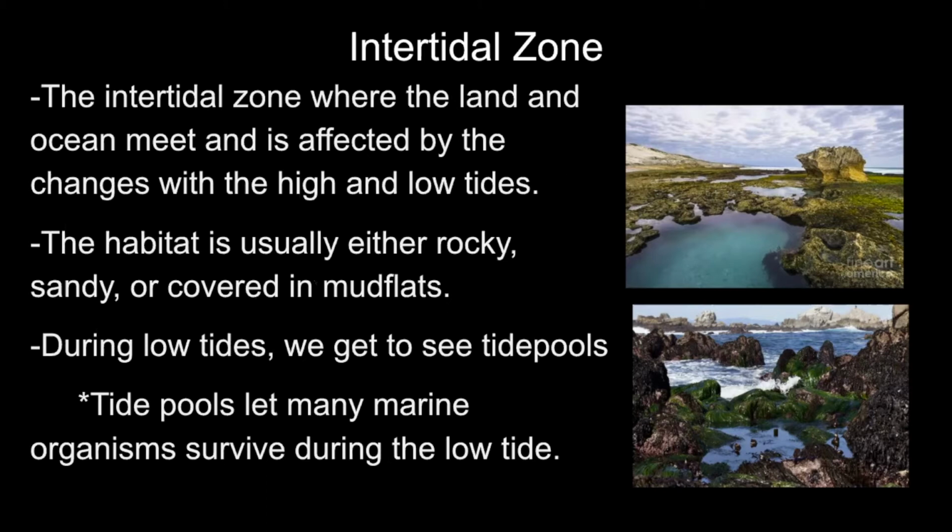During the low tides, we get to see tide pools. Tide pools are small pockets of seawater, anywhere from a few inches to a couple feet in both length and depth. These tide pools let many marine organisms survive during the low tide. Organisms like these would include sea snails, barnacles, mussels, urchins, anemone, sea stars, seaweed and seagrass, small fish, and many more crustaceans.